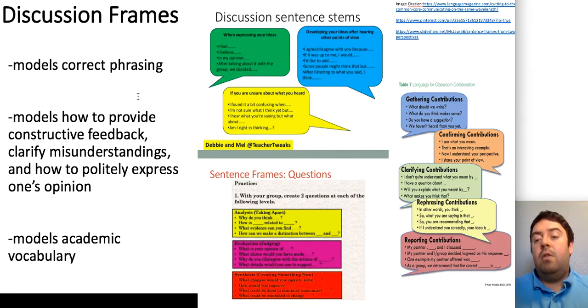Or how to summarize what they've learned. "In the article, the main idea was..." and then the student explains it. So there could be nice sentence frames for many different contexts.